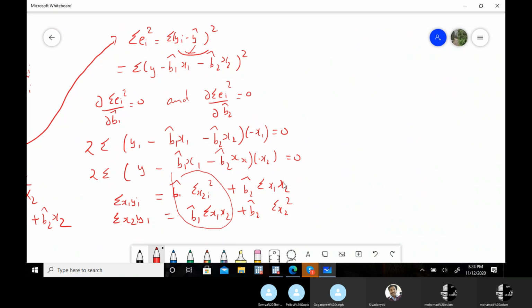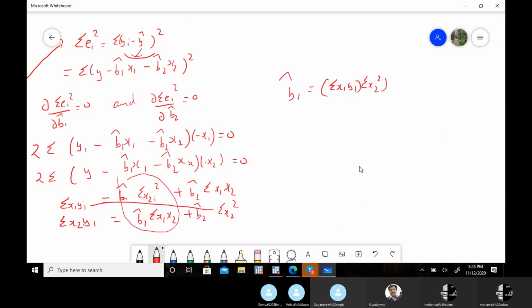So beta 1 hat is equal to summation x1 y1, this first part, cross multiplied with summation x2 square, minus the second cross multiplication, summation x2 y1 and summation x1 x2.